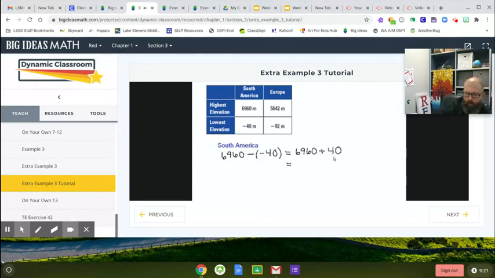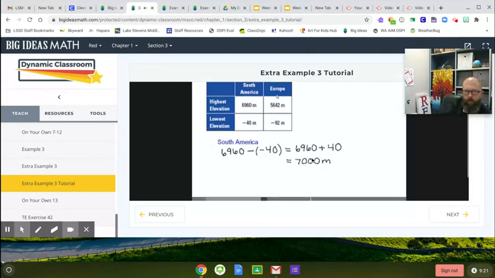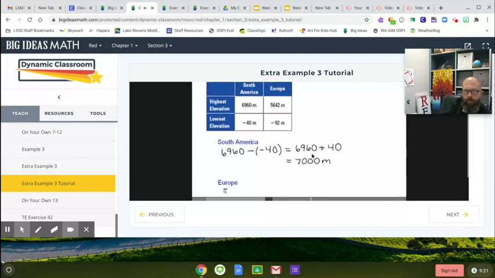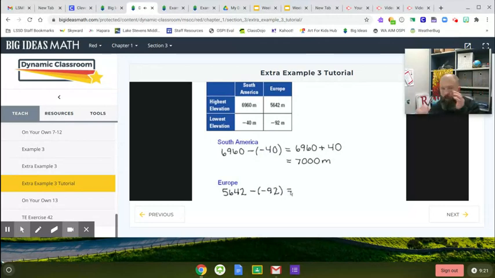Now let's find the range for Europe. Europe's highest elevation is 5,642. Then we subtract the lowest elevation, which is -92. Again, since we are subtracting integers, let's add the opposite. So we have 5,642.